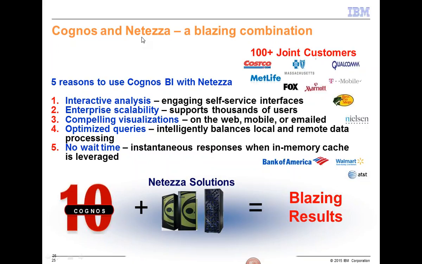The first one is really the big one in my mind: it's interactive analysis. You have the ability for somebody to do analytics at the speed of thought. They can type in a SQL query or come up with some kind of scenario they're thinking about and have that result set brought back very quickly, instead of walking away and coming back in an hour and it's still not running, and they're thinking about something else.